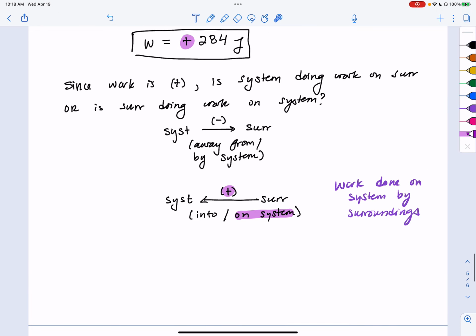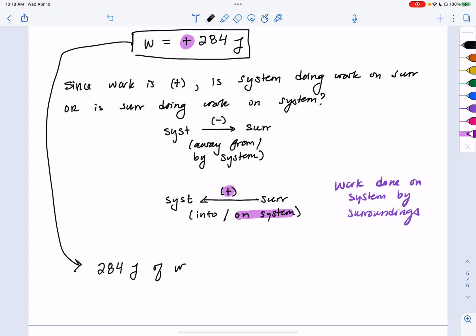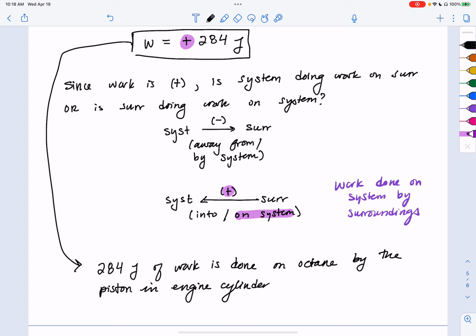So if I wanted to be a little bit more, I don't know, clear, fancy, explicit here, I could say that 284 joules of work is done on the octane by the piston in the engine cylinder during this process.